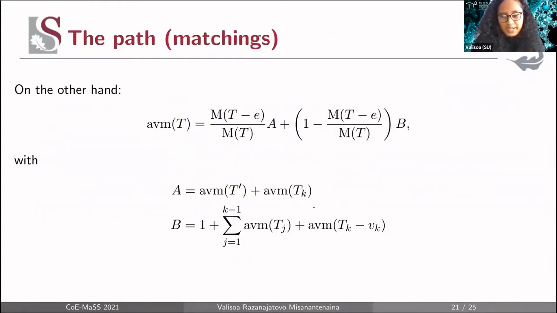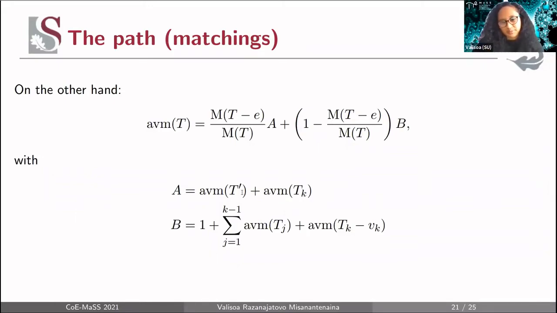Now for matchings. We come up again with a formula for the average size of matchings of T. It's quite a long formula, but it's not that complicated to obtain. We have the number of matchings of T minus e over the number of matchings of T, times a here. Remember, T prime is the tree T where I removed the component Tk.